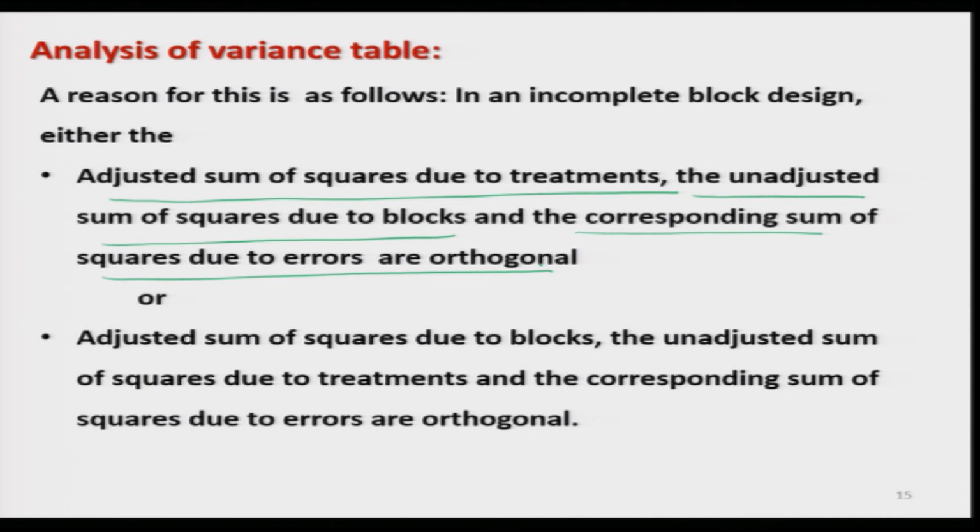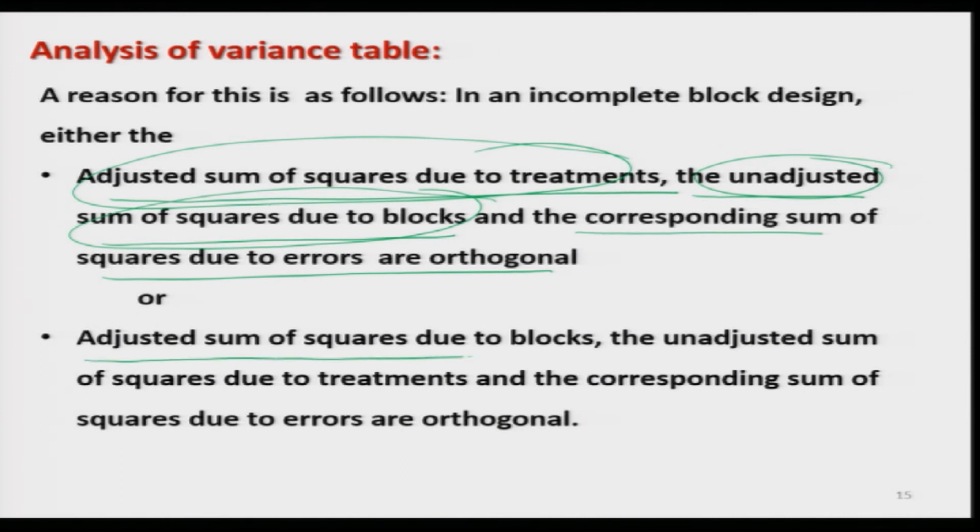You have to concentrate on these two, adjusted sum of squares due to treatments and unadjusted sum of squares due to block. Well, SSE will always be there. Or the second option is that the adjusted sum of squares due to block, the unadjusted sum of squares due to treatments and the corresponding sum of squares due to errors are orthogonal.